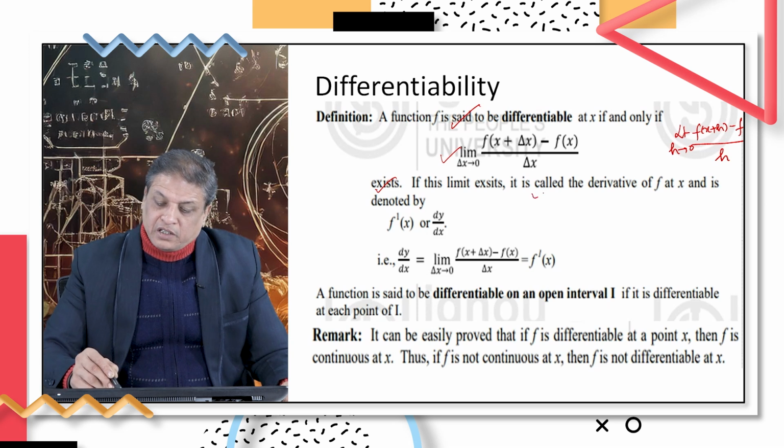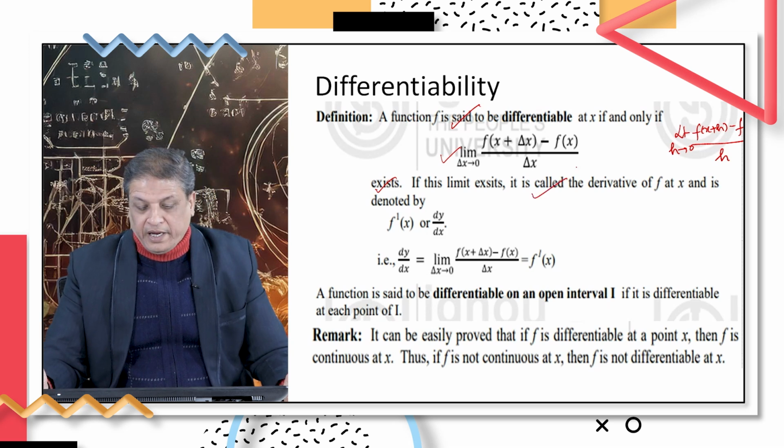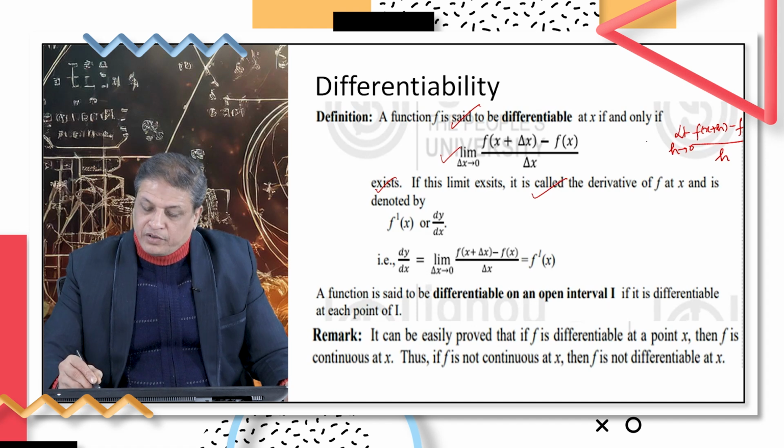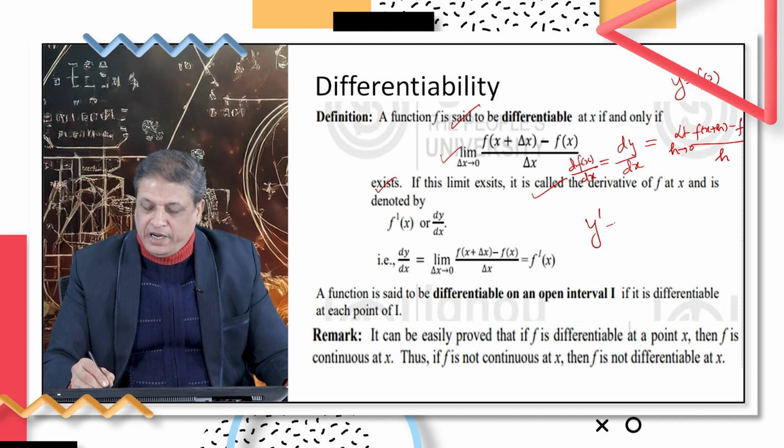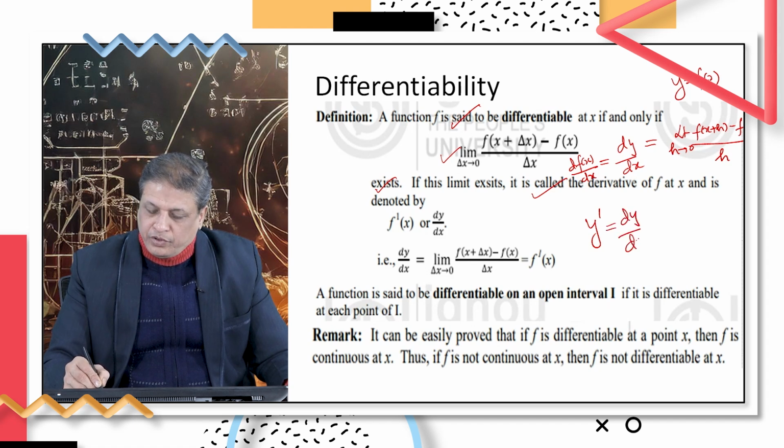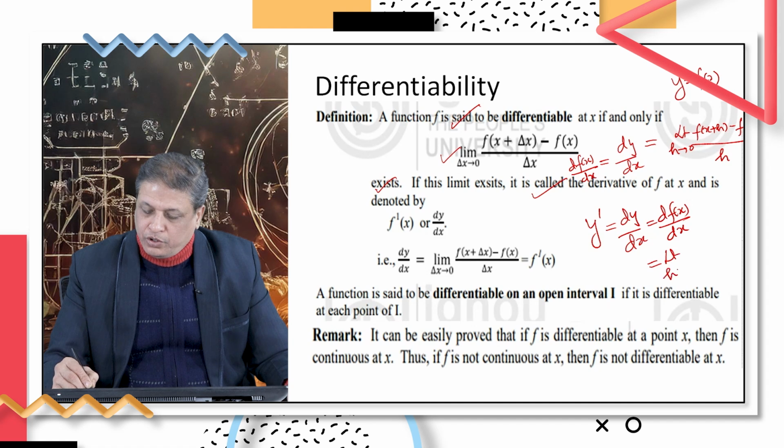If this limit exists, then the derivative of the function f at x is defined, and this derivative is nothing but dy by dx, which is equal to d of f(x) by dx. So if y is equal to f(x), then the first derivative is written as y dash, which is equal to dy by dx, that is equal to d of f(x) by dx, and the derivative of f(x) with respect to x is the limit as h tends to 0 of f(x plus h) minus f(x) by h.